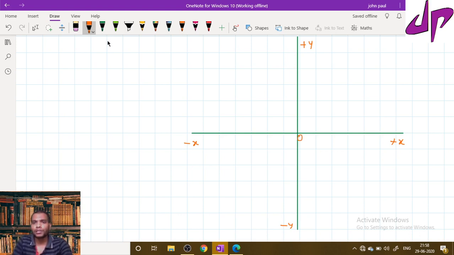To the right of the origin, all are positive numbers: 1, 2, 3, 4 and so on.